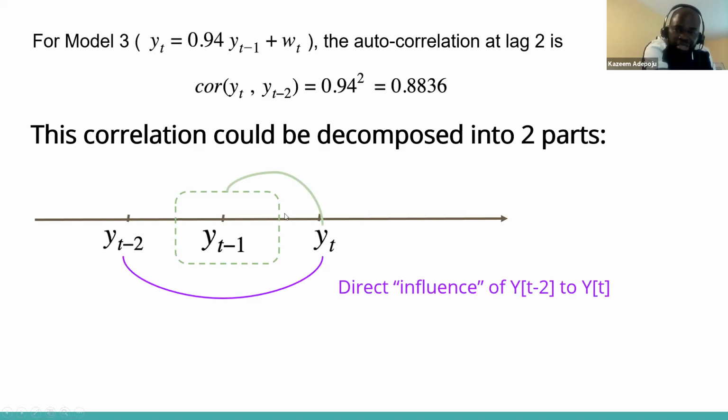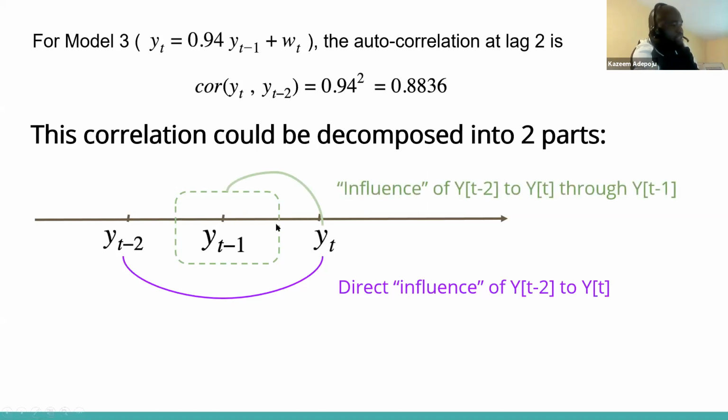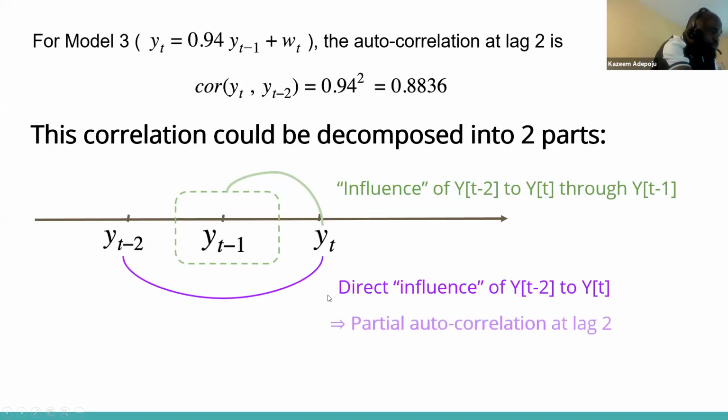That is the reason why I said this is going to be the influence of YT minus 2 on YT through YT minus 1, and why that correlation could be decomposed into two.